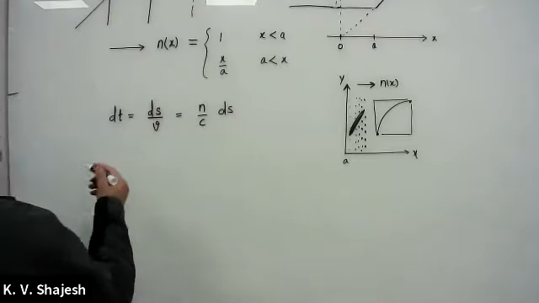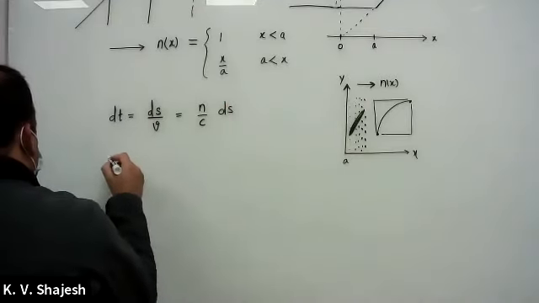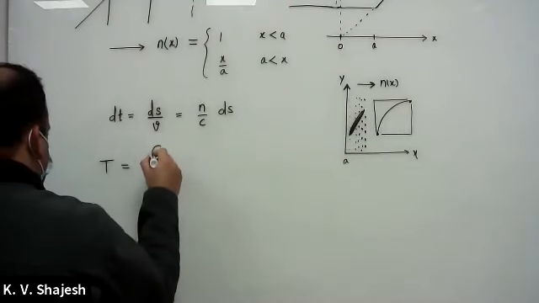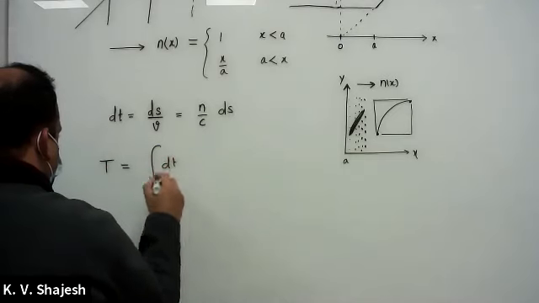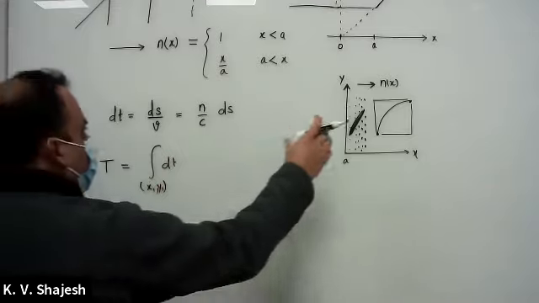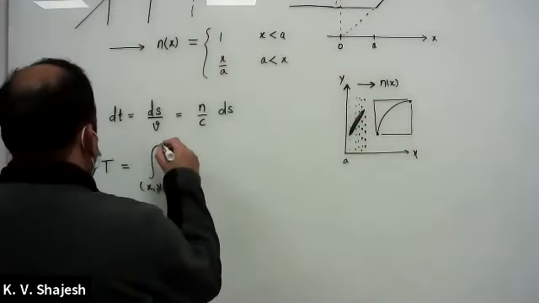So if I have to go from one point to the other, the total time T will be equal to the integral of dt going from point x1, y1 in this plane, if you want, to x2, y2.